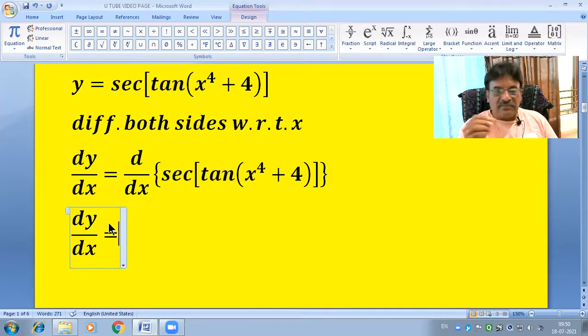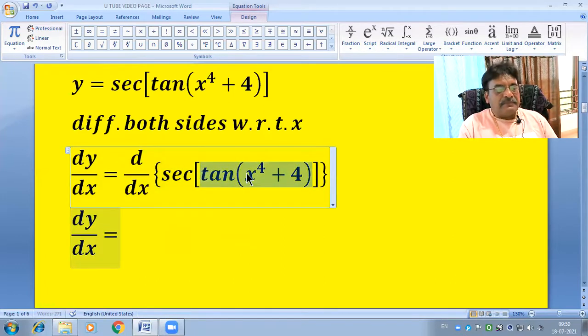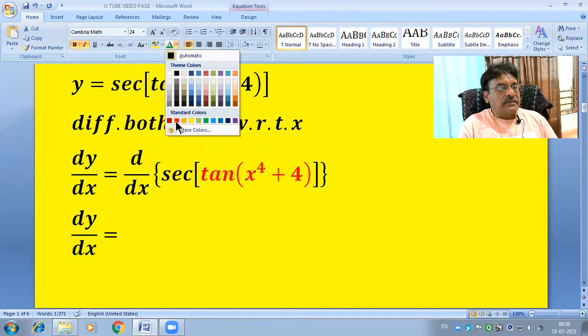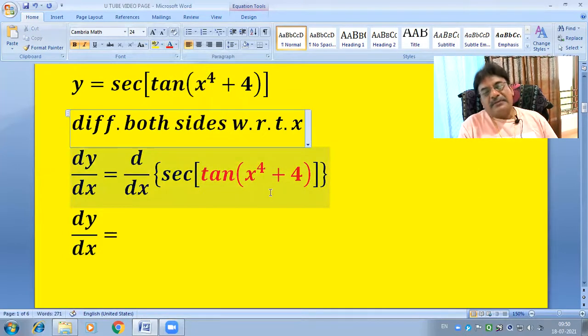And here we use the formula. We know that d/dx of sec f(x) is sec f(x) into tan f(x) into f dash of x. And here f(x) is replaced by the red color function, that is tan x to the power 4 plus 4.